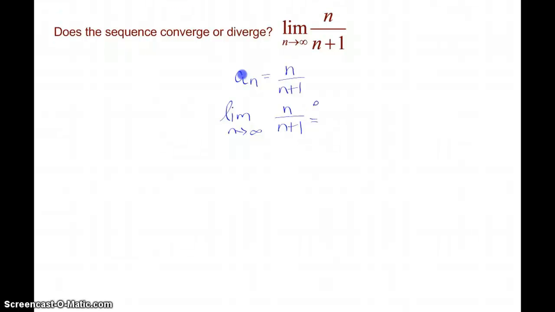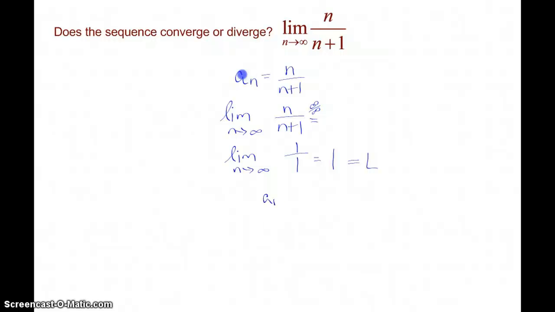Here we're going to use L'Hopital's rule because we get infinity over infinity when we plug that in. That's what we get when we take L'Hopital's rule. This is a real number value. This is a good result.